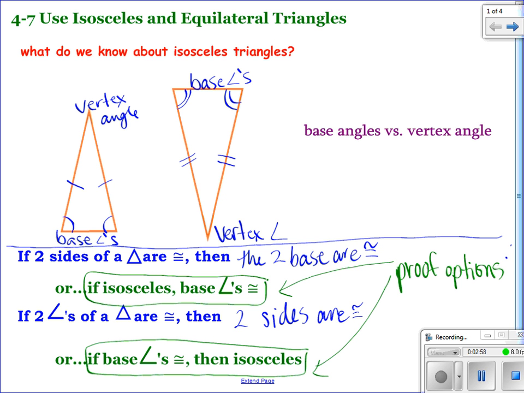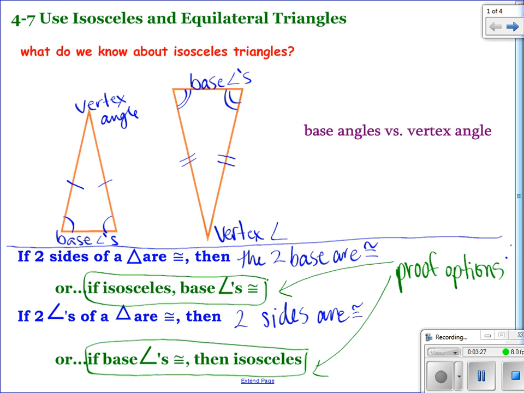If you know two angles are congruent, automatically two sides have to be congruent, and vice versa. Questions? You will see these green options, either homework or test, or possibly both. Questions before we move on?